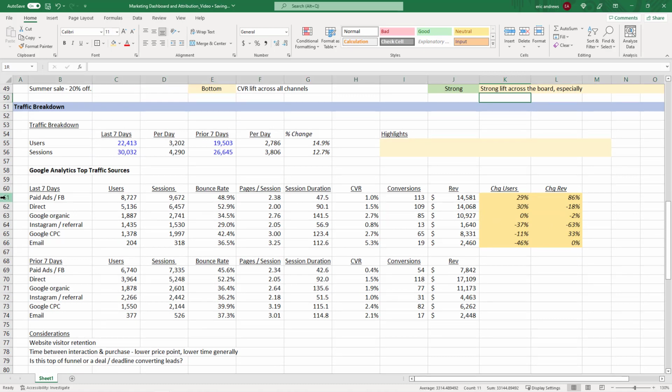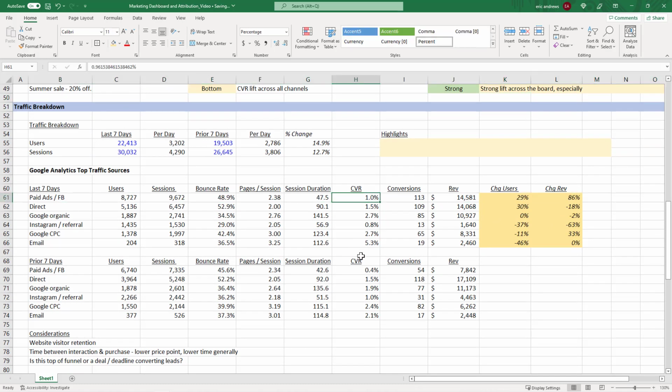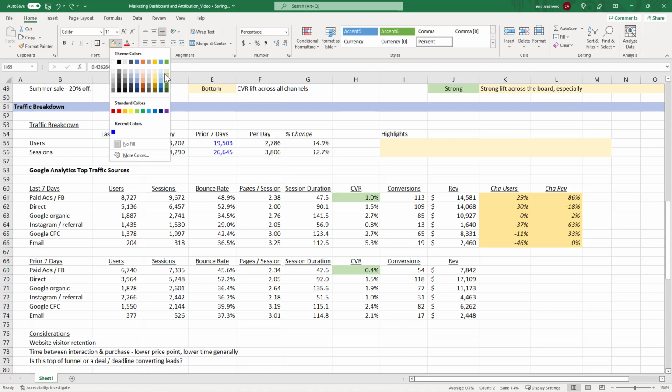So paid ads, Facebook. We saw a very strong lift here. What about direct? Direct, this is just people coming directly to the website, kind of flat. Google organic, big lift, 2.7 versus 1.9%. So this is people coming through Google.